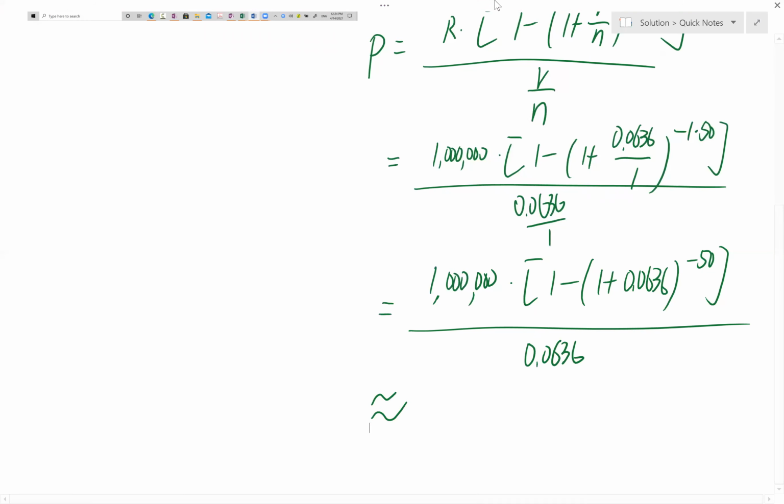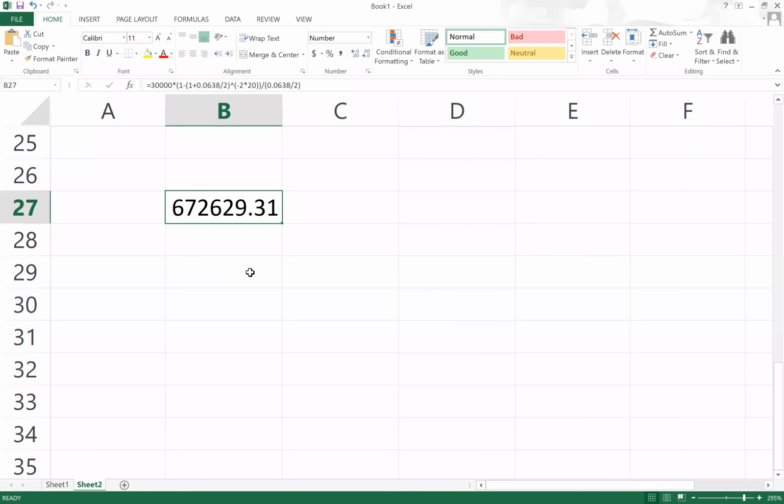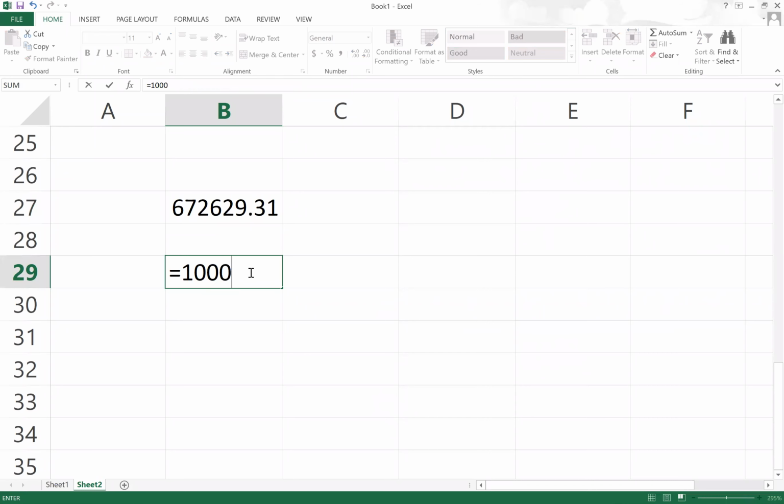Let's see what that is worth right now. So it's a million, 6 zeros, right? A million has 6 zeros, times 1 minus 1 plus 0.0636.